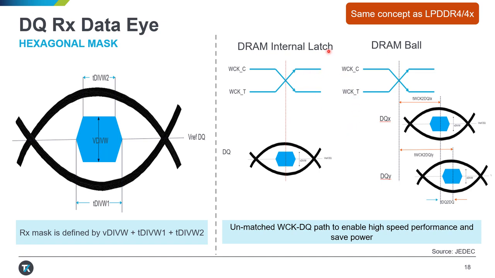So this is pretty much the same concept as LP4X. However, there is a new parameter called TDQ2DQ that is being introduced, which essentially measures delay between two DQ signals. Applies to CA as well. So just something to keep in mind when you're designing your interposers. If you want to measure this parameter, then do bring out 2 DQs per byte or multiple CAs.